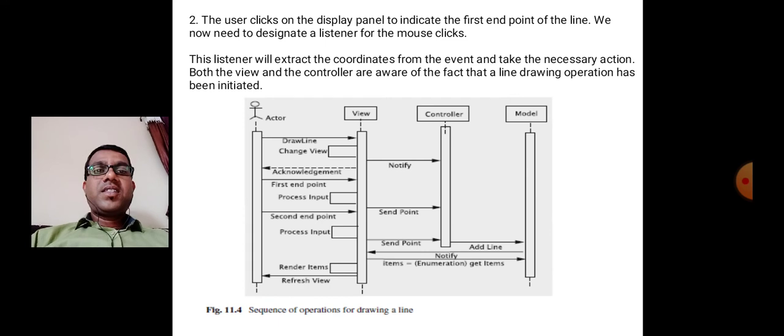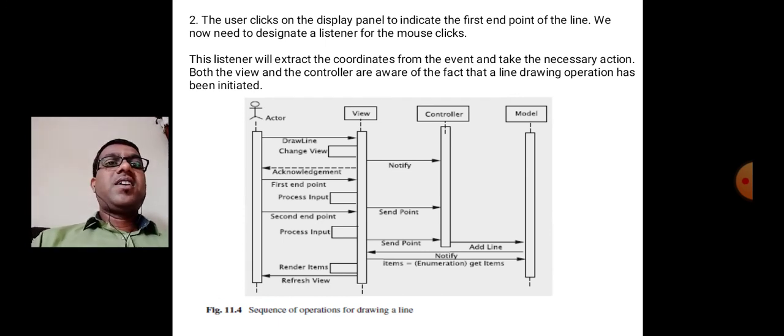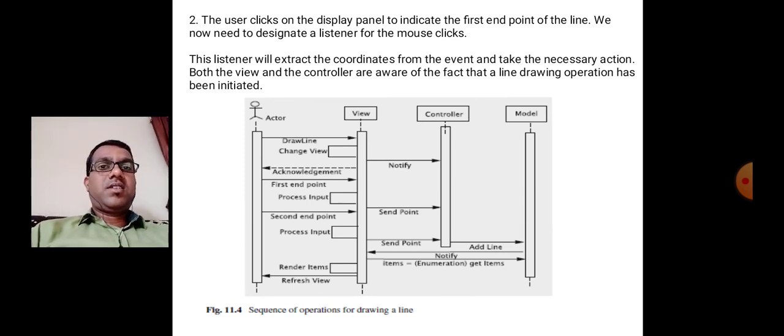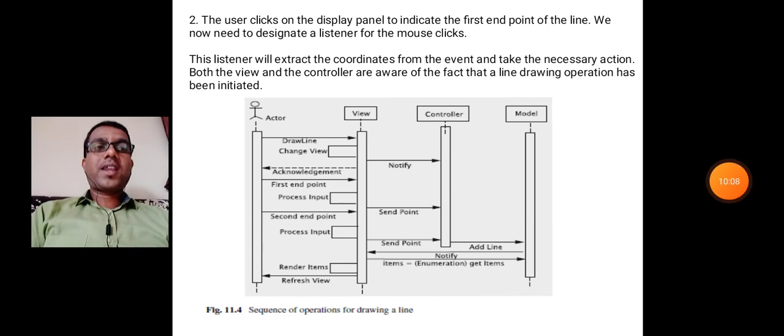Here the sequence of operations for drawing a line is given in the manner model, view, controller. Here there is a user or actor, and the steps are given. This figure shows how the MVC, that is model view controller architecture, works.